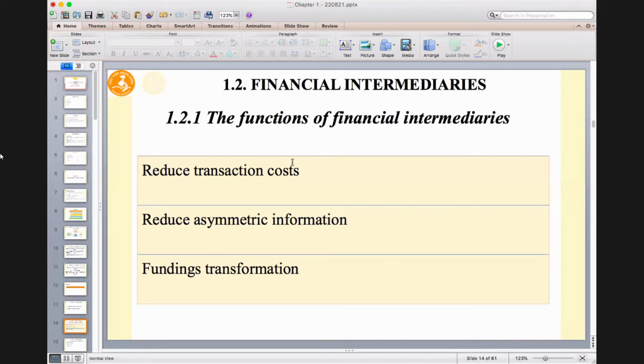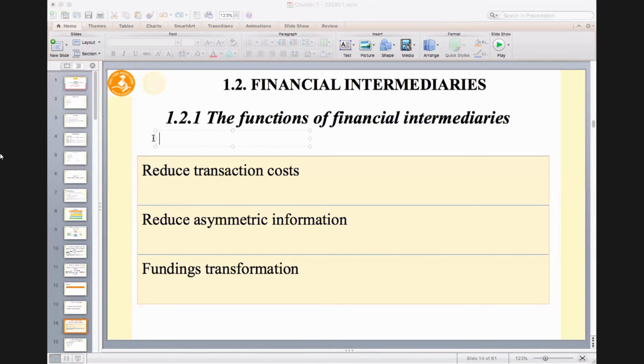Here are the functions. Look at function number 1. Financial intermediaries can reduce the transaction cost. So think about which transaction cost the FI, the financial intermediary, can reduce.